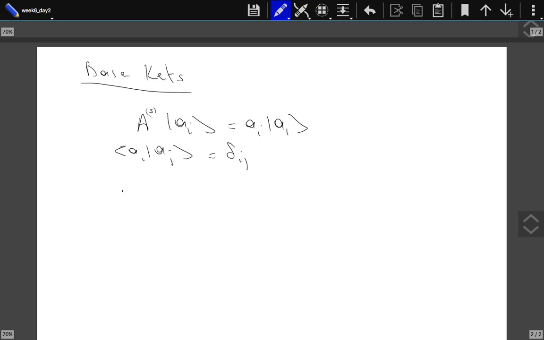Now, the problem is, you see, we had already seen an example where in the Heisenberg picture, our operator at some time, and the same operator at some other time, the commutator is non-zero. It doesn't have to be zero. It can be zero for certain operators, but it doesn't have to be zero.